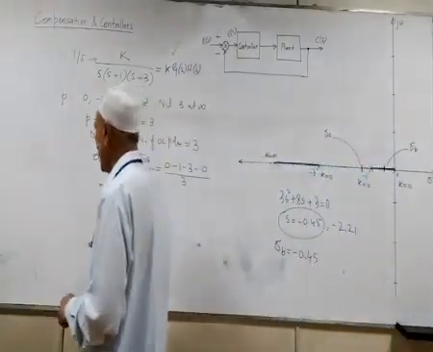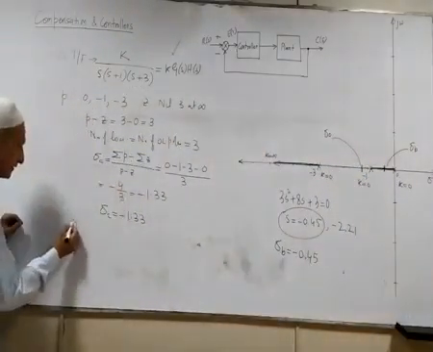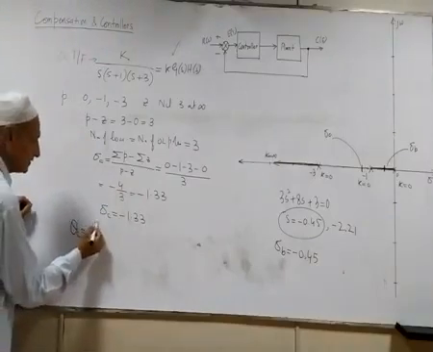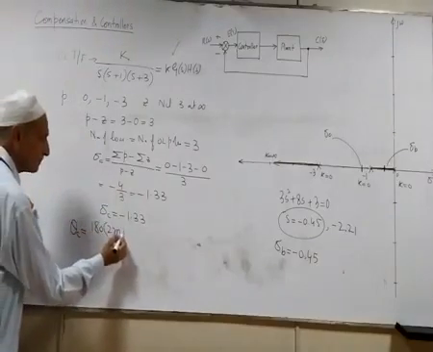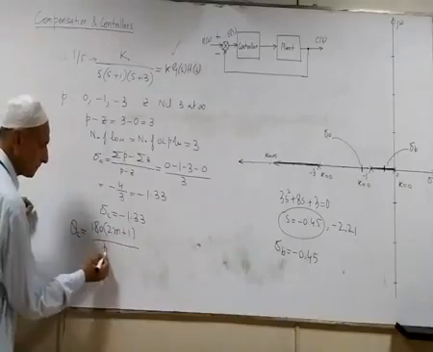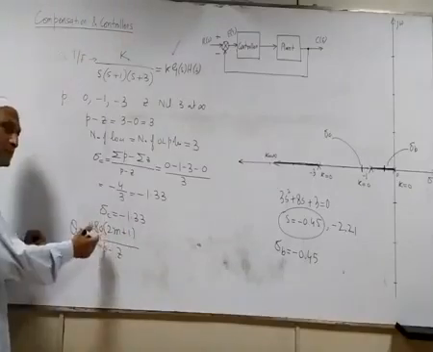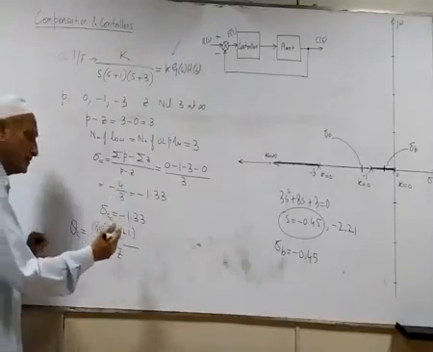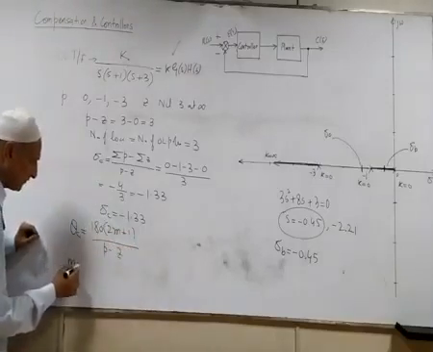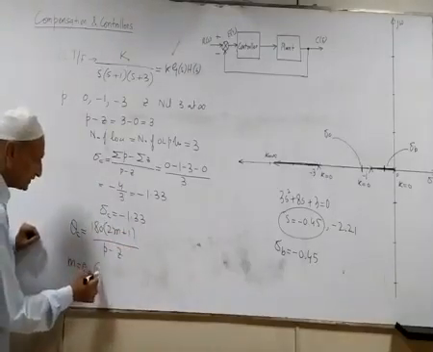Now let's look for the angles. Again, the same usual formula, for n equal to 0, 1, 2, 3, etc. For n equal to 0, it will be 60 degrees.